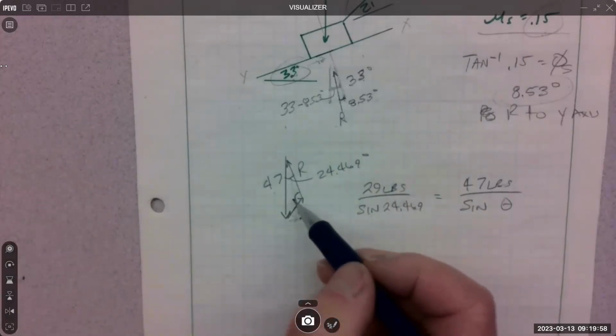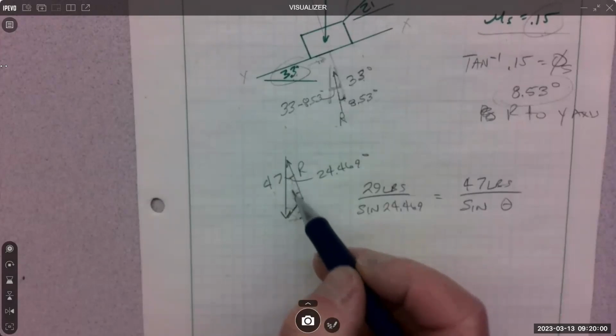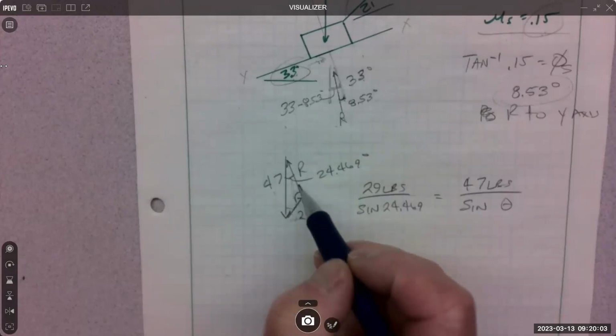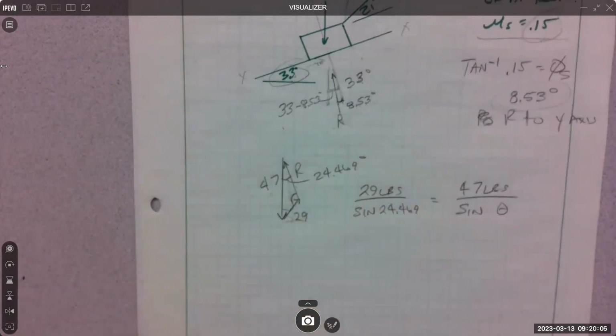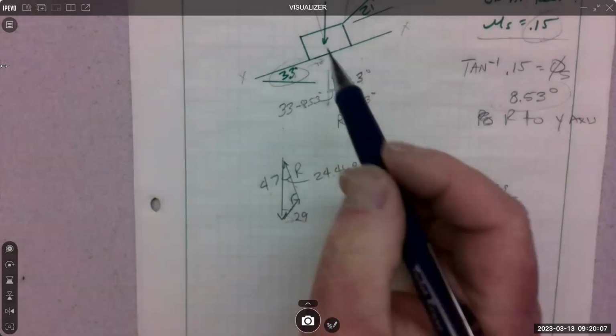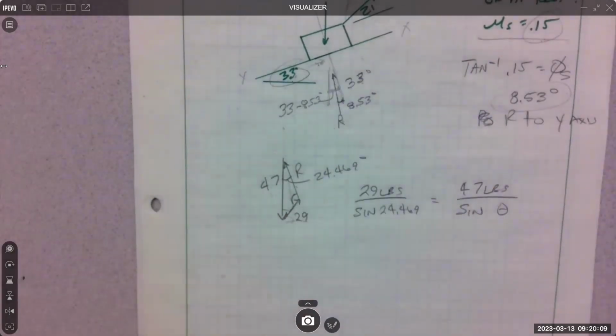But if I find this angle, then I can get this angle from interior angles, then I can go after R. Why do I want R? Because then I could go after F and N from R. And that would tell me what's going on with the friction.